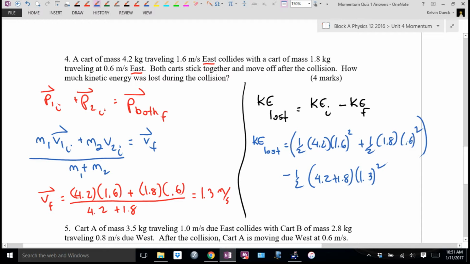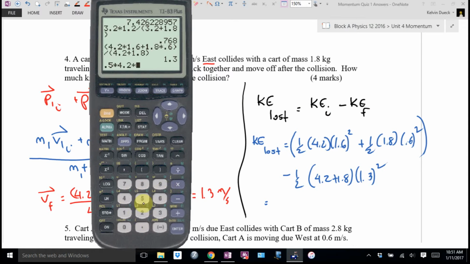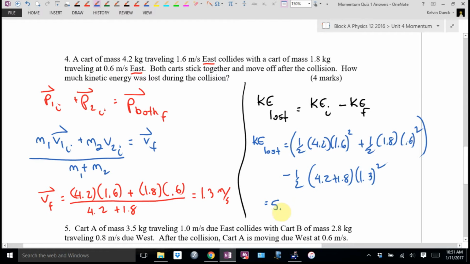This is pretty yucky. I may break this up into chunks. I get 0.5 times 4.2 times 1.6 squared plus 0.5 times 1.8 times 0.6 squared. So to start out, I have 5.7 joules of kinetic energy.